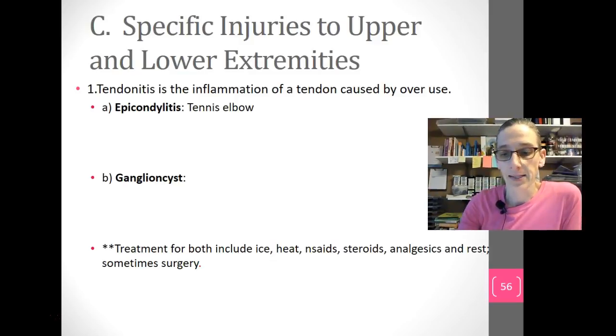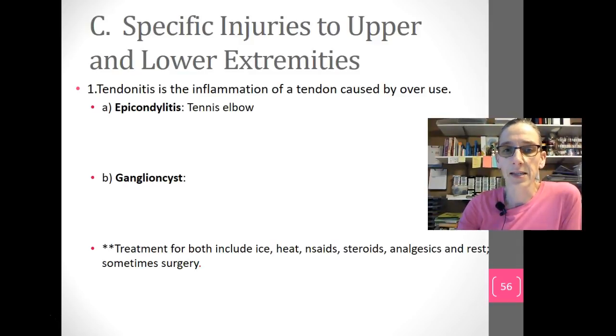This is a cystic mass that develops near a tendon. It is formed through defects in the tendon sheath of the joint capsule. The patient will have pain to the affected area, and I think I have a video posted on Blackboard of a ganglion cyst.